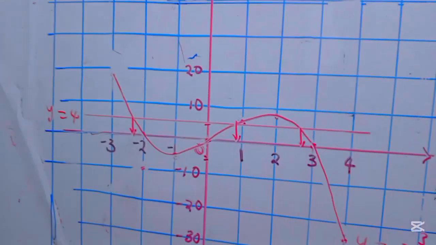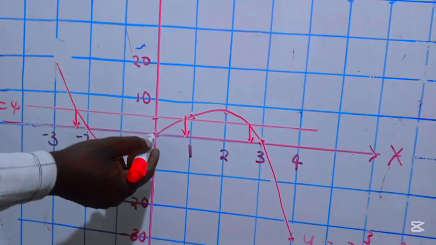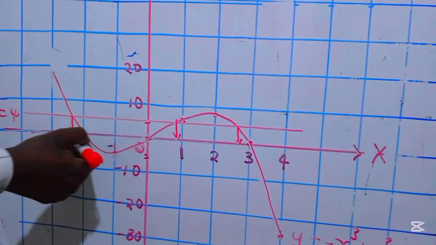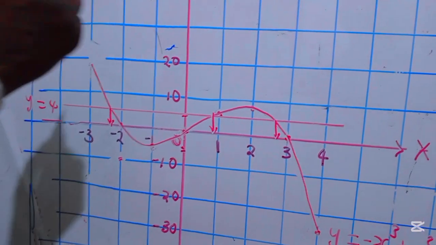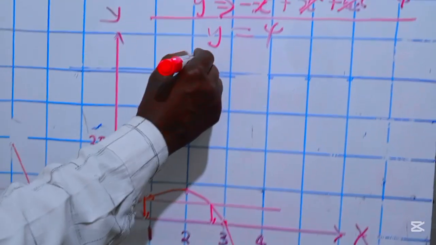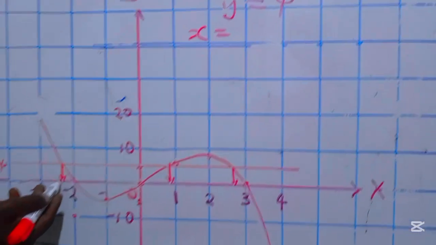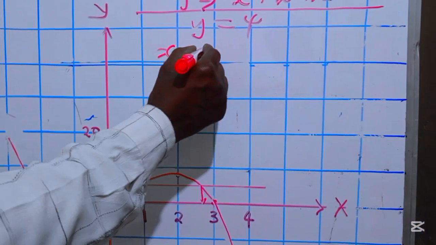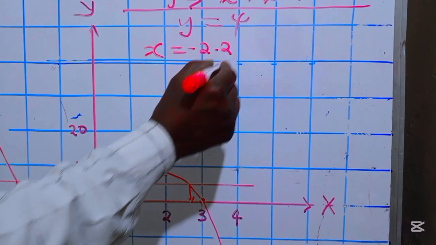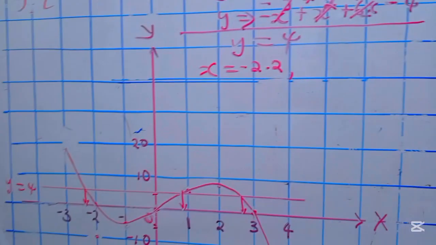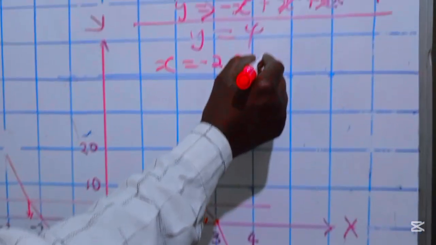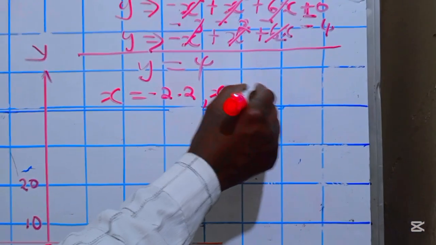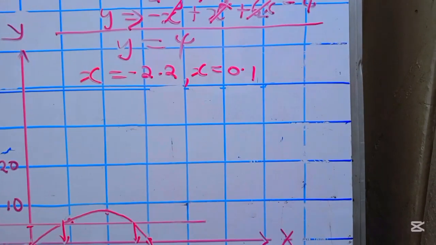There we go. You can see numbers on the negative, they increase going to the left like this. So this is negative 2.2. Then I'll say therefore the first value of x is equal to negative 2.2. Next, the other value of x here, mind you, this is 0.9, because it's not up to 1.